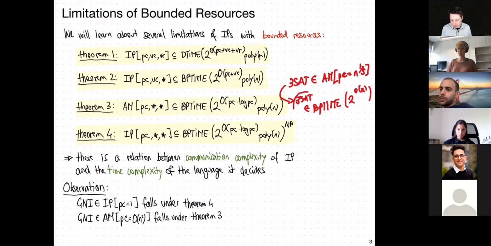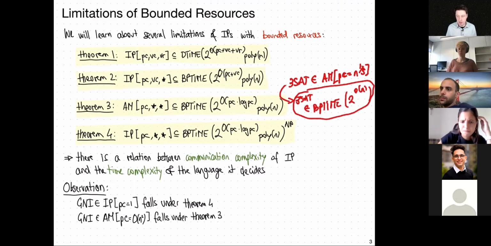Now, can anybody tell me what's the problem with this? Yeah, so this runs counter to complexity conjectures such as the exponential time hypothesis, or more precisely in this case, the randomized exponential time hypothesis.